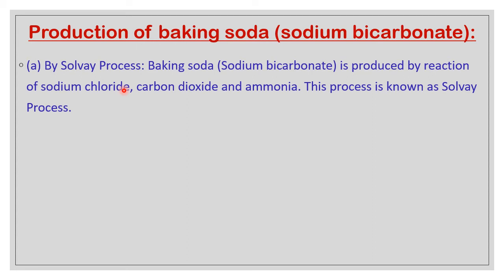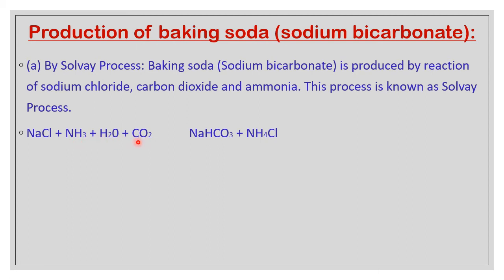Let us see the equation, it becomes very clear. Sodium chloride and water is brine. To this brine we add ammonia. So this mixture of NaCl, ammonia and water is called what? Ammoniacal brine. To this ammoniacal brine we pass carbon dioxide, and that process is called carbonation of ammoniacal brine.